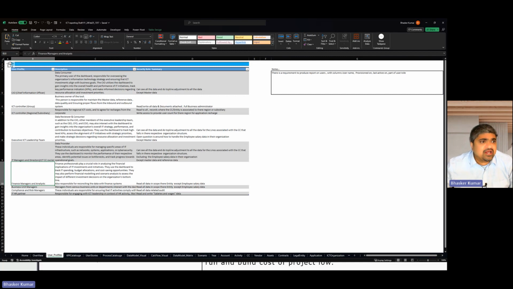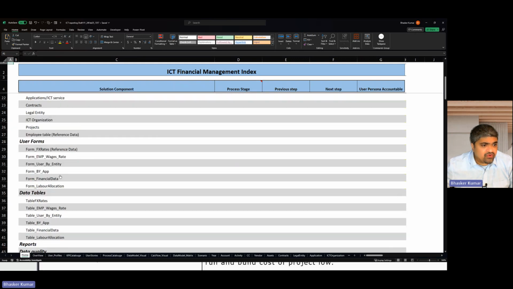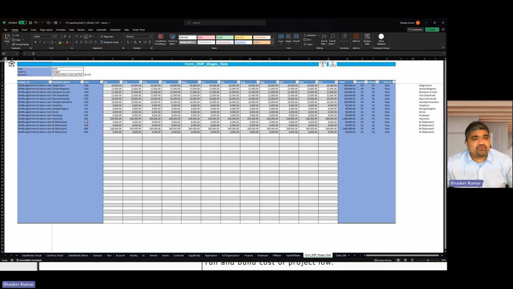For example, if you look at this form for the IT HR partner, in this form what you are doing is entering the data for, I don't have data for budget, so I will use actuals.